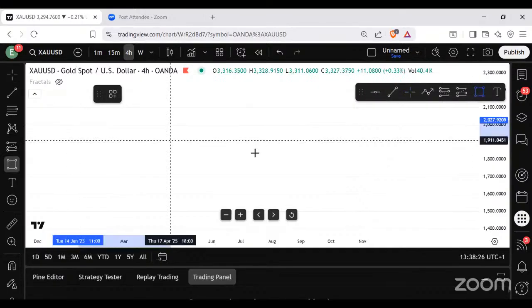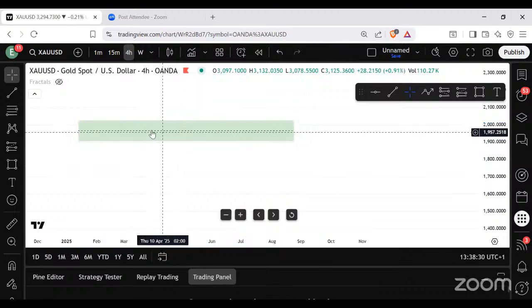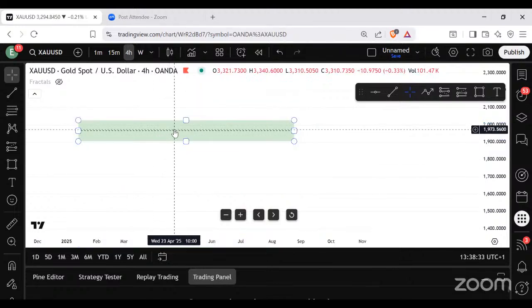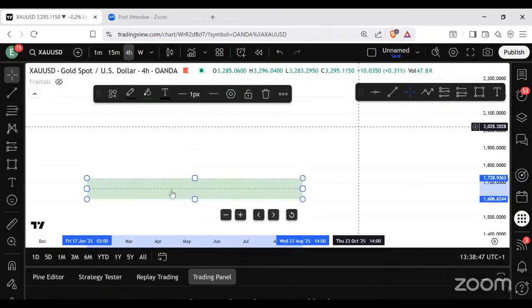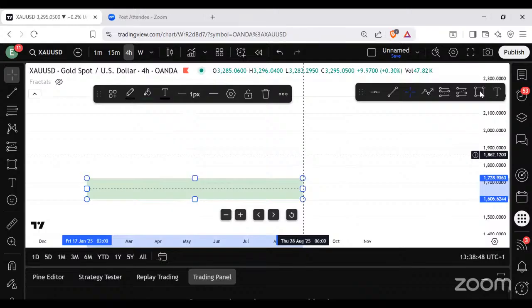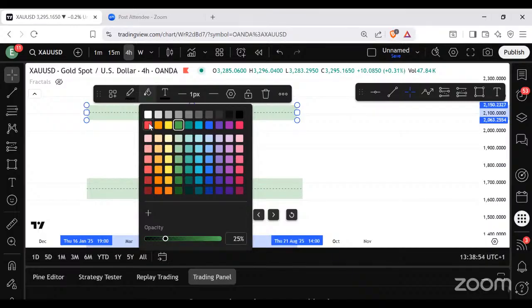So the point of interest is more like the area we are looking at. There are certain things we look out for before we mark a particular zone as the point of interest. It could be the buyer zone, or it could be the seller zone.